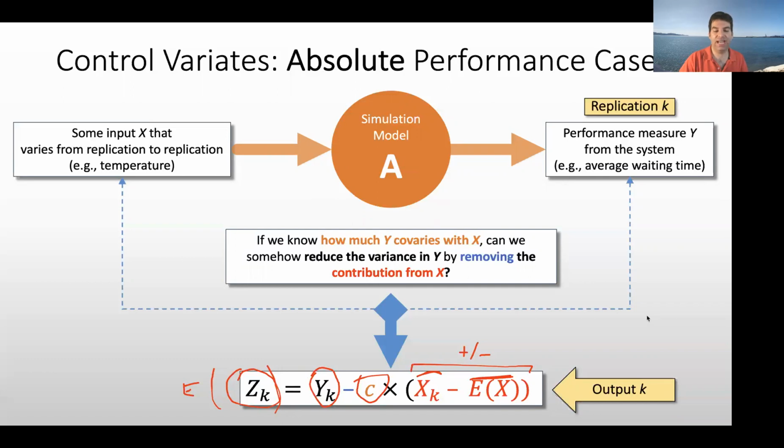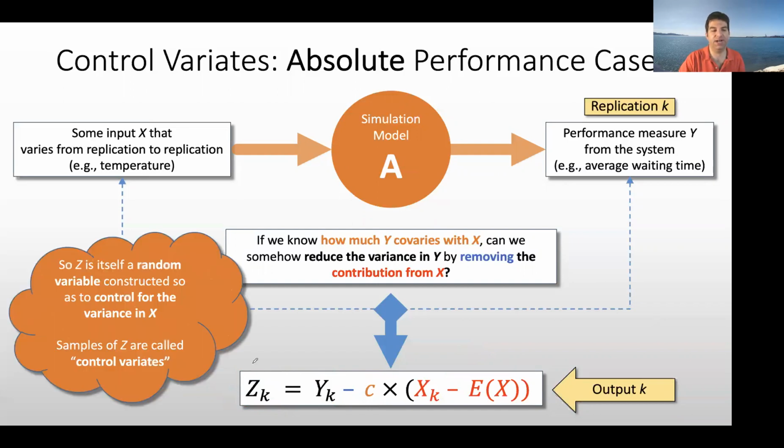So then the question is, how do I set this C to guarantee that my Z estimator is going to have as reduced variance as possible? So how do I best design C to reduce the variance in Z relative to the variance in Y?